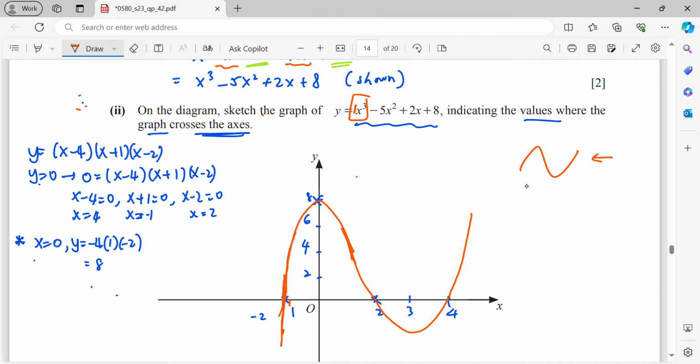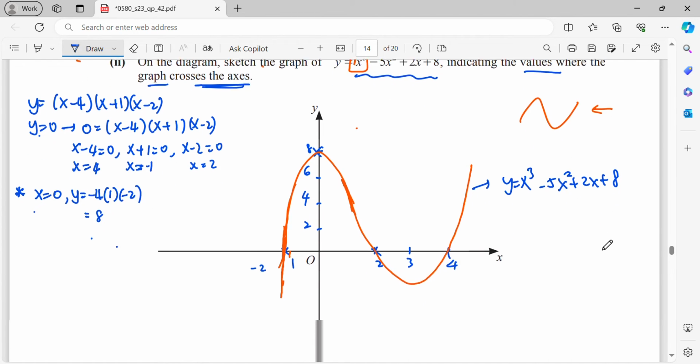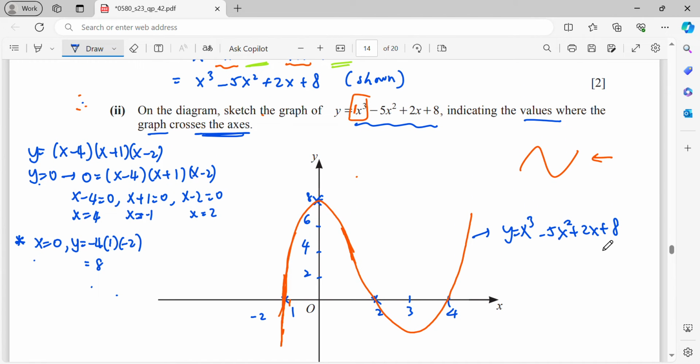Okay, so this is the graph. So here, just label y equals x cubed minus 5x squared plus 2x plus 8. Alright, so that's all for this graph.